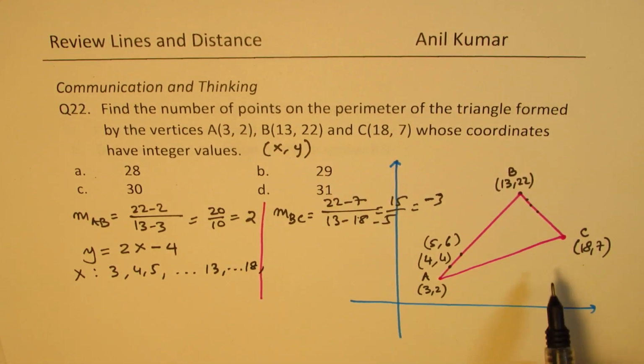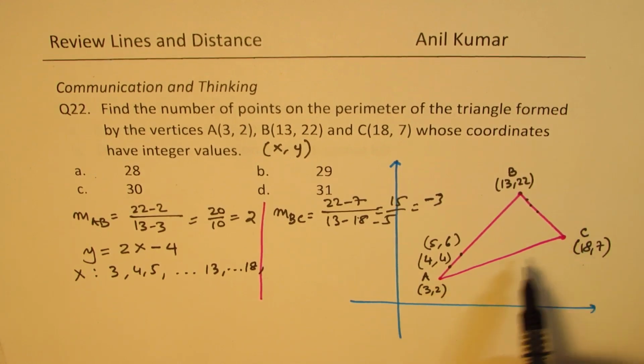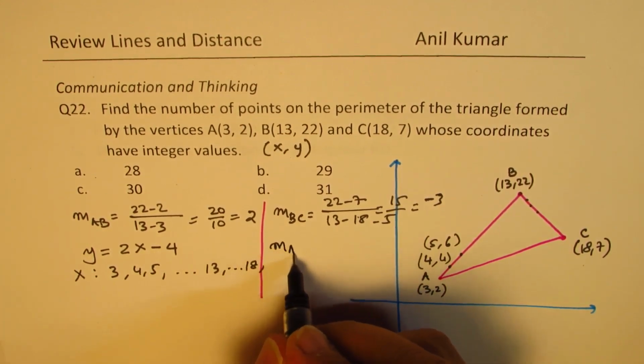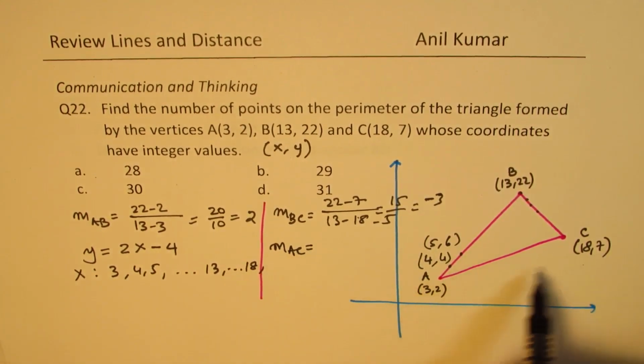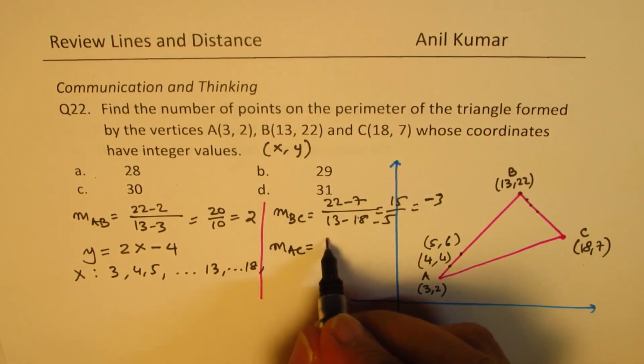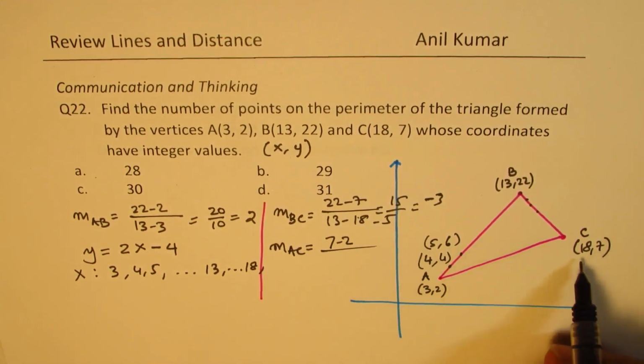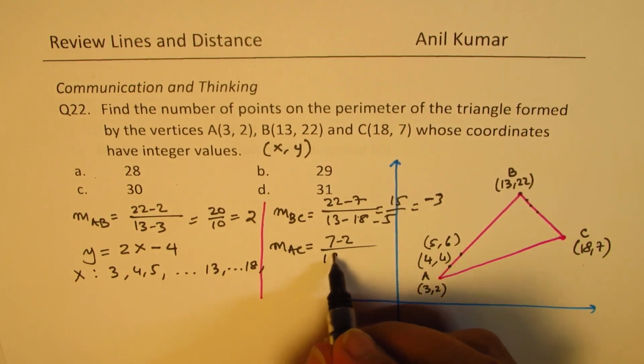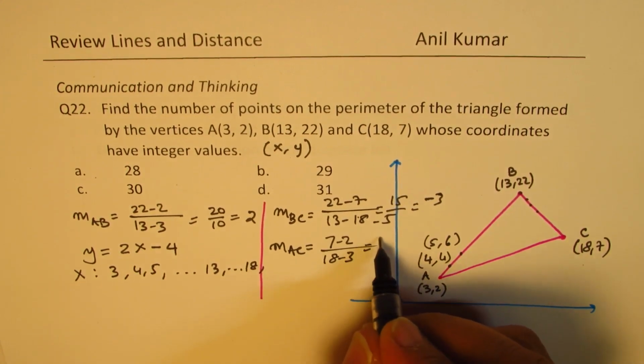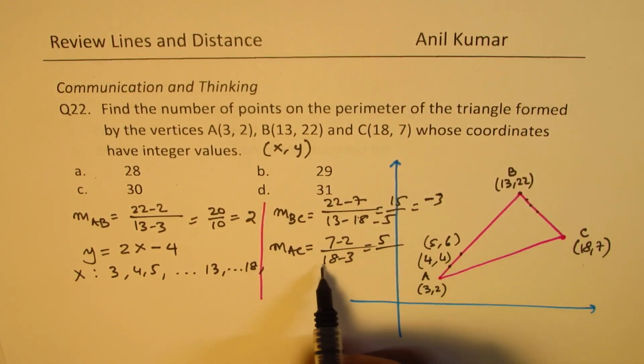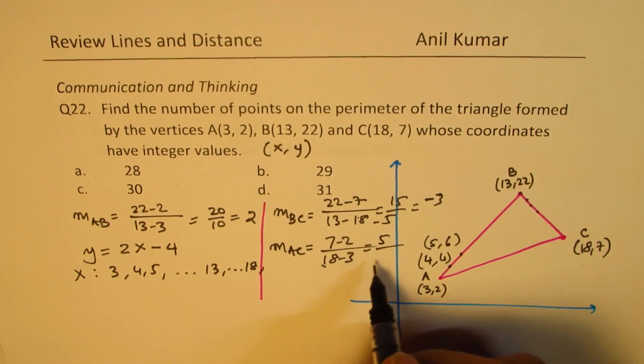Do you see that? Now let's look into the slope of AC. So slope of AC is what? It is 7 minus 2 divided by 18 minus 3. 7 minus 2 is 5 and 18 minus 3 is 15.